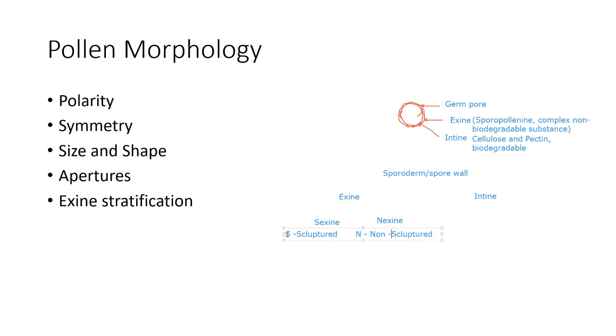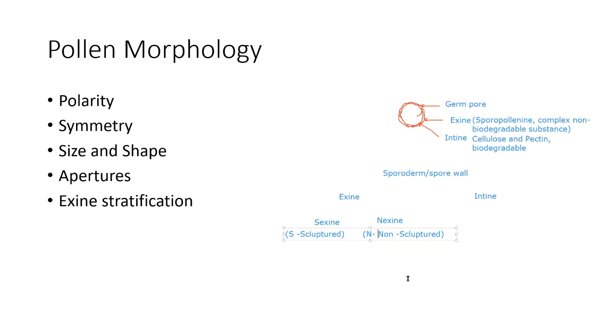And that is the reason why the S part of exine is called sexine. Sculptured in the sense that it shows modification. And non-sculptured, which remains as it is, is called nexine. Okay, so N stands for non-sculptured. So outer sexine and inner nexine.